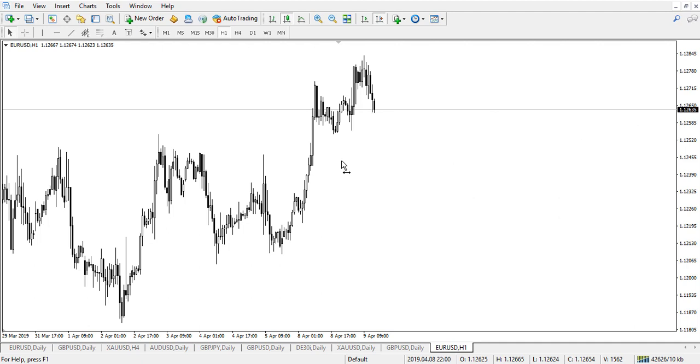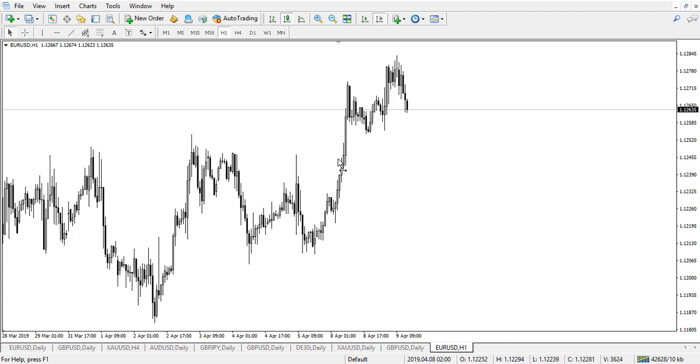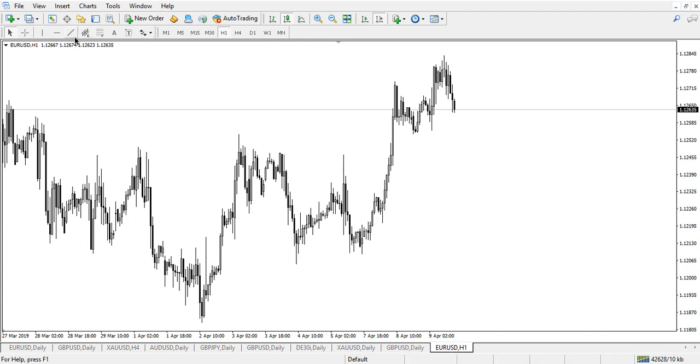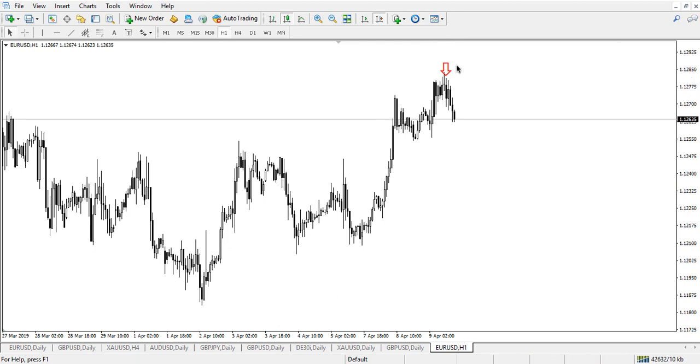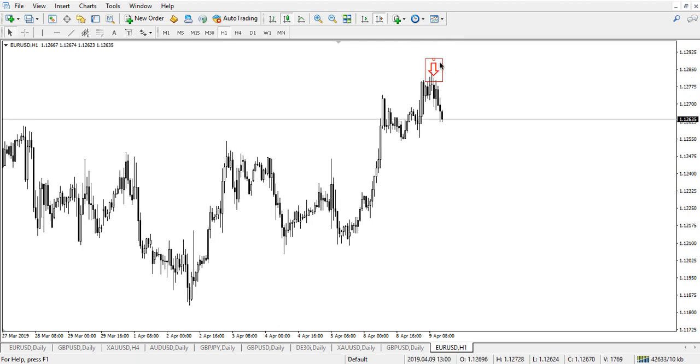So now, how can you spot this on the chart? Look at this chart. As we can see here, this is the Euro USD on the 1 hour. As you can see here, this is simply a peak. Why is this a peak? Because it has an inverted V shape. And this is a trough. Why? Because it has this V shape.